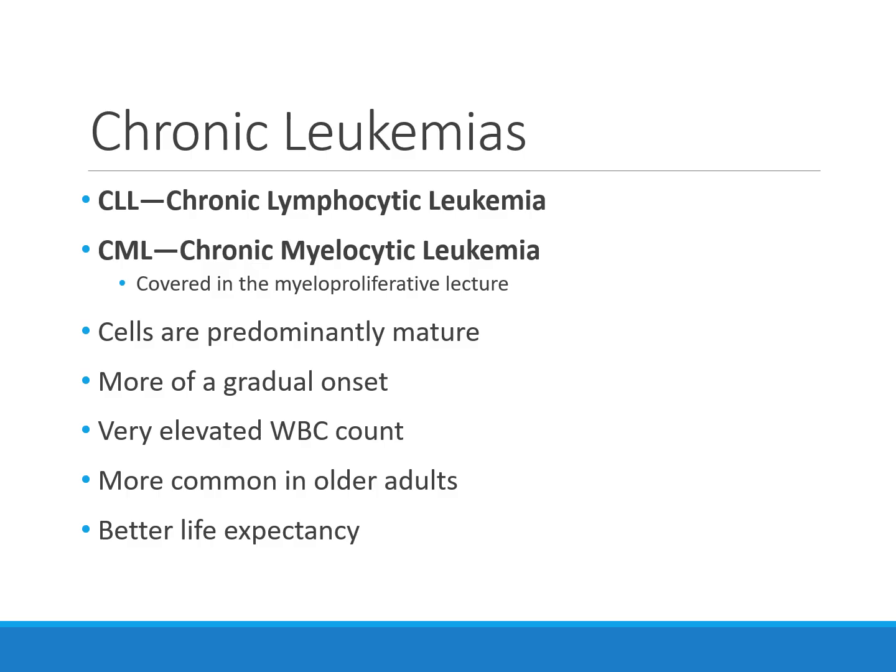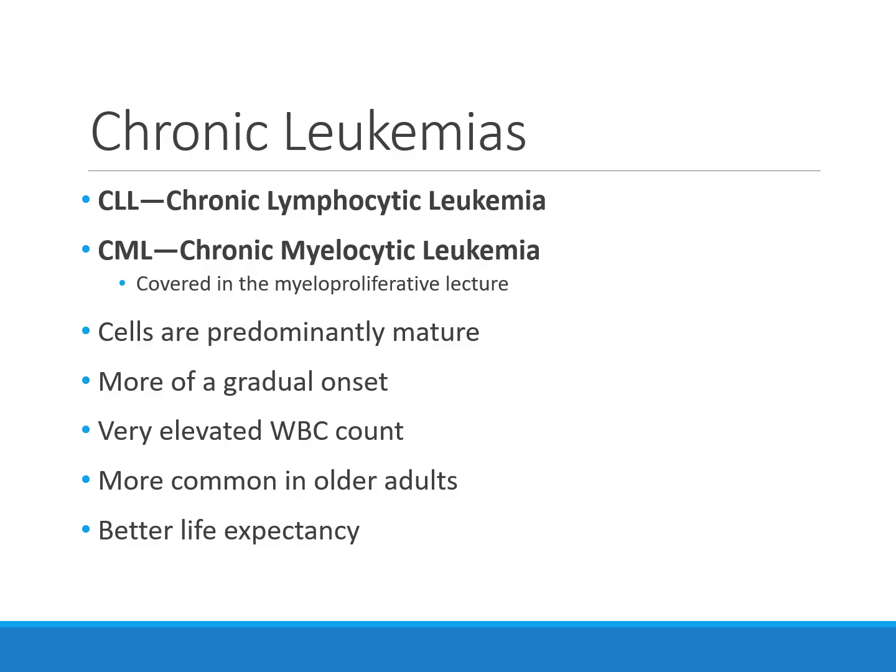On the other side of the coin, we have chronic leukemias. We have CLL, which is chronic lymphocytic leukemia, and then we have CML, chronic myelocytic leukemia. Now, we have another unit coming up called myeloproliferative disorders, and we will talk more about CML in the myeloproliferative disorders lecture.